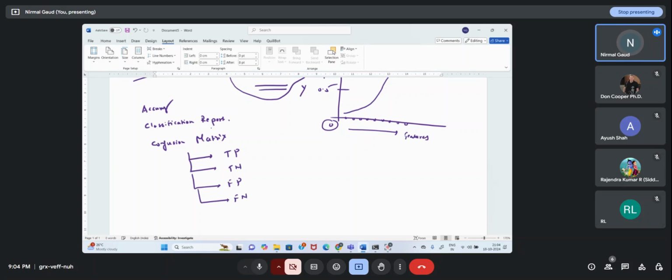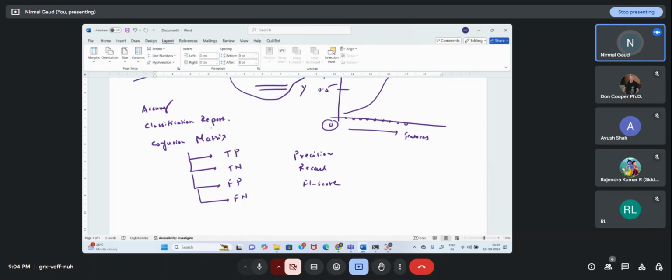These terms should be known. Then only I can make a confusion matrix. Along with that, I do have some more terms like precision, recall, F1 score. That's what you are seeing.